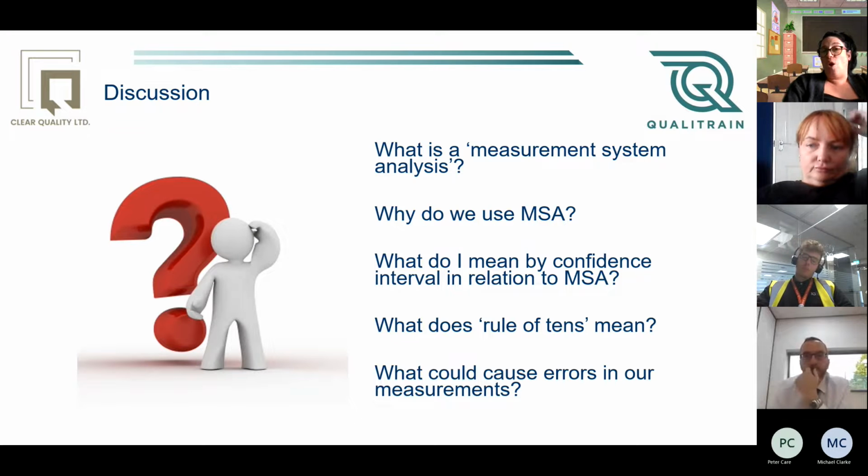So if we have a look at a confidence interval, a confidence interval is the range of values of where we're fairly sure our true value lies. So if we're saying that we are 95% sure, then 95 times out of 100, when we measure, it is going to come between our lower and our upper specification limit. So it's not the tolerance between the two, it's our confidence in how well our measurement system is going to work.